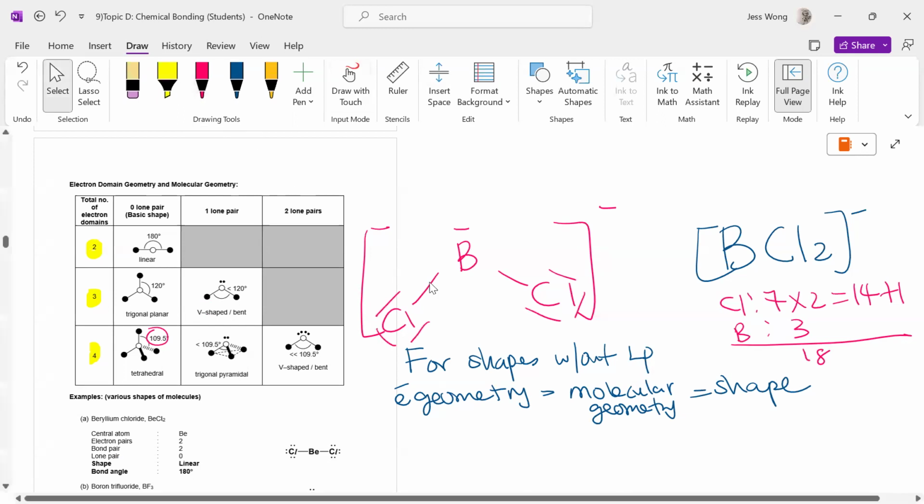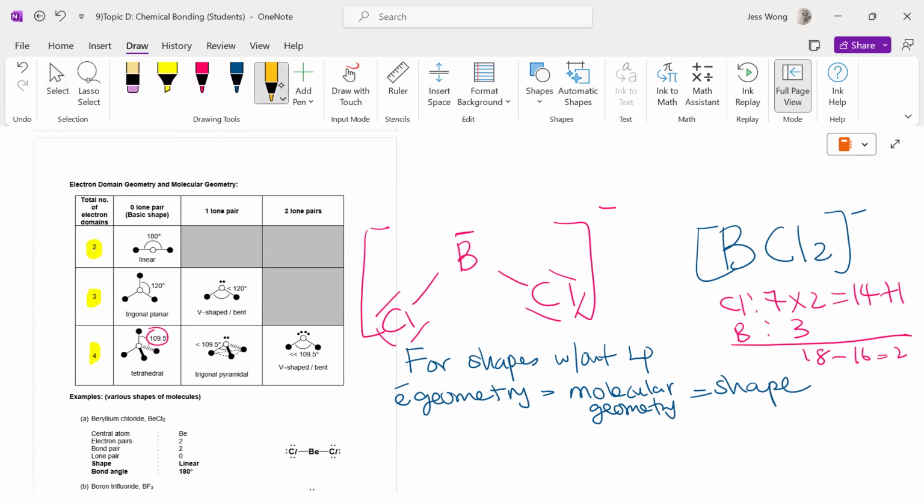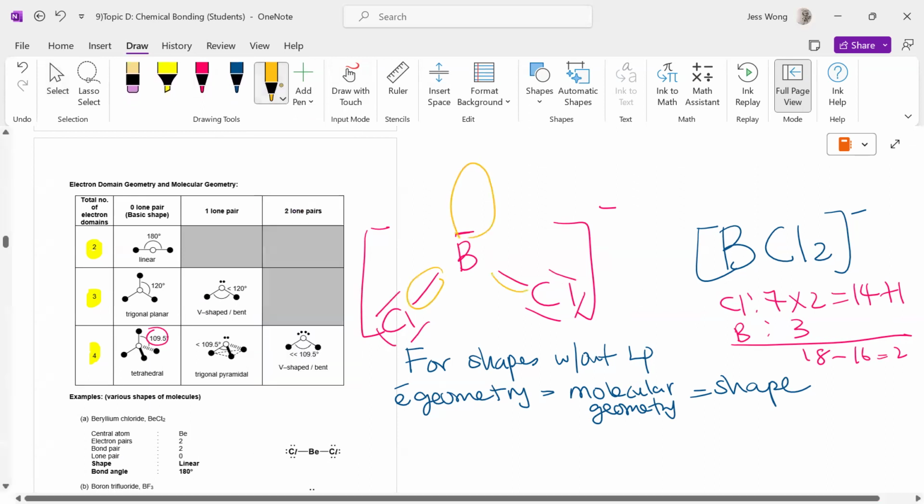If I finish drawing, I have drawn 16, 8, 8, 16. I left 2 and I give to the center here. Right? So this is the shape here. Now, in this shape, if I count the electron regions, it is 1, 2, 3.